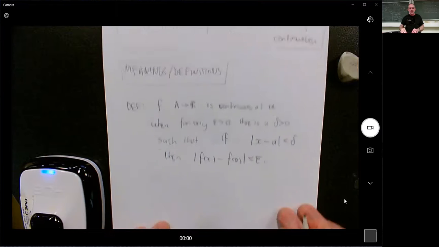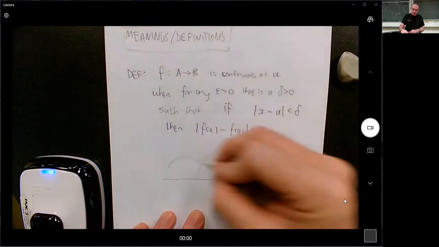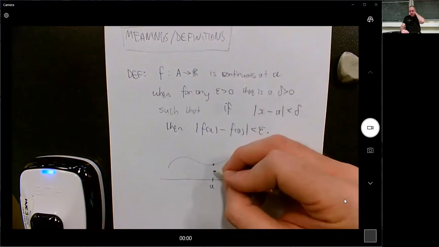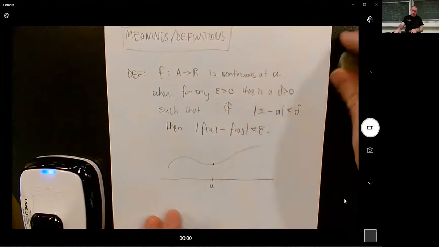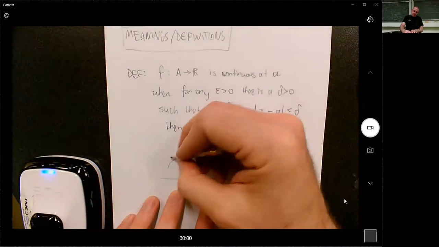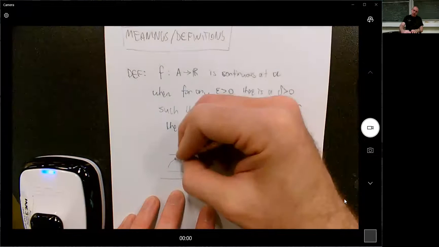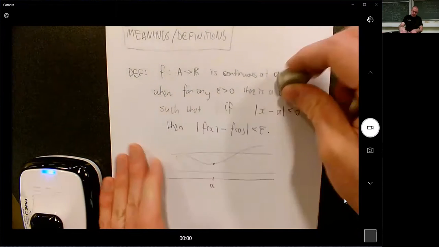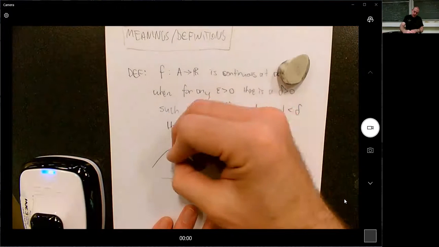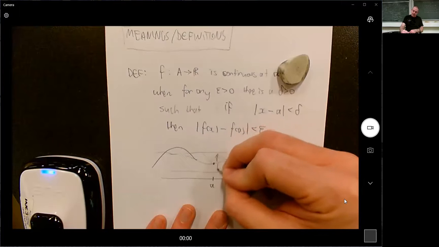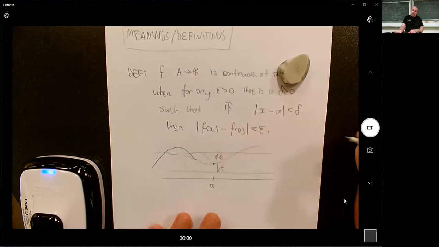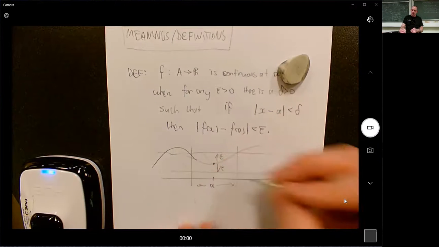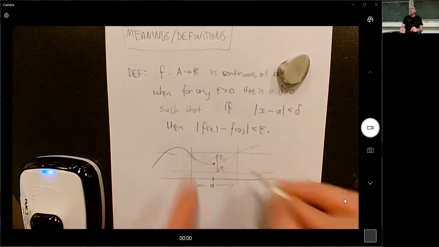Because the picture in my head is saying that there's my function, there's the point A. And if I want to be within this distance, that's within epsilon of f of A, then there is a delta that I can be within A, and then for all the x's here, all the f's are within that distance.